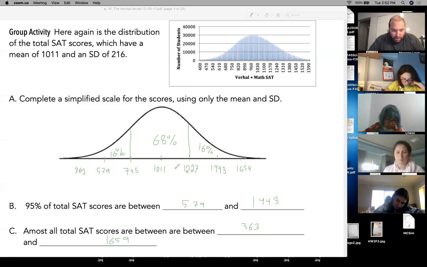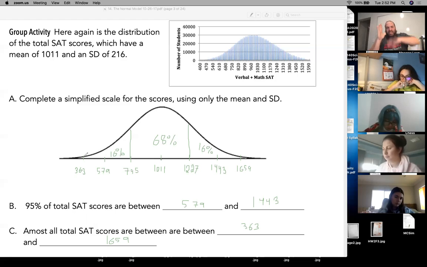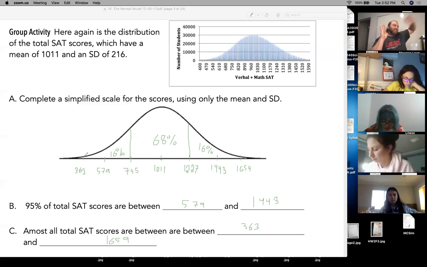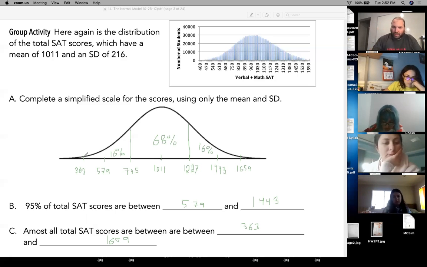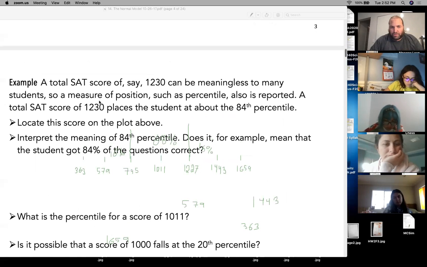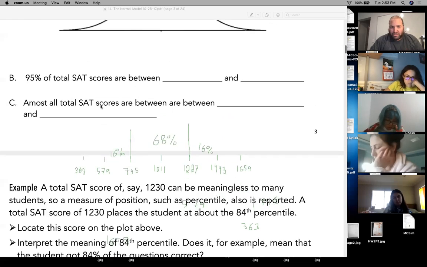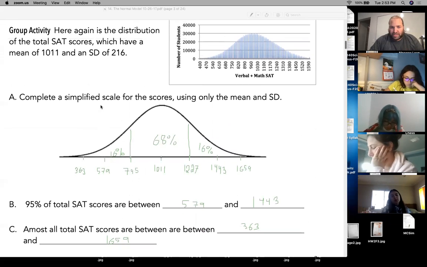What score has 84% of the data beneath it? I'm looking for one score where 84% of people scored less than me. 1230. So according to what they just said here, it should be 1230. Does that jive with what you see in the graph?